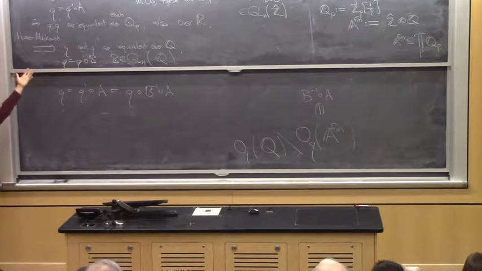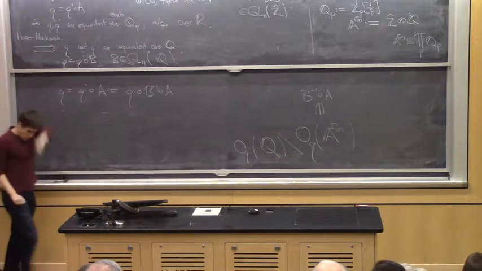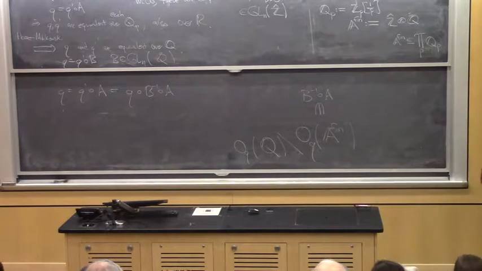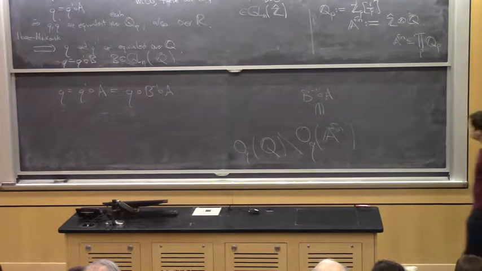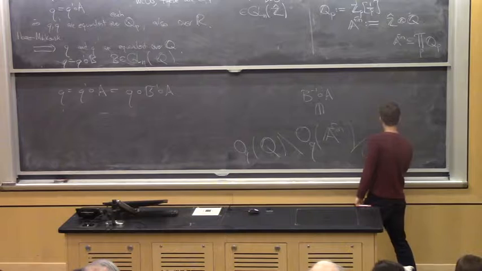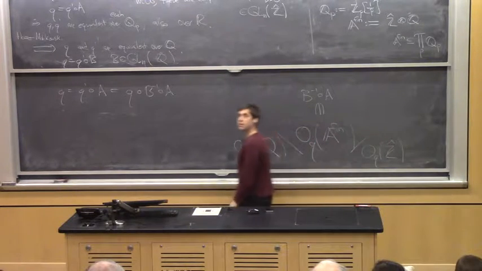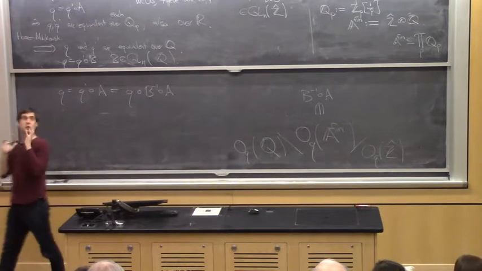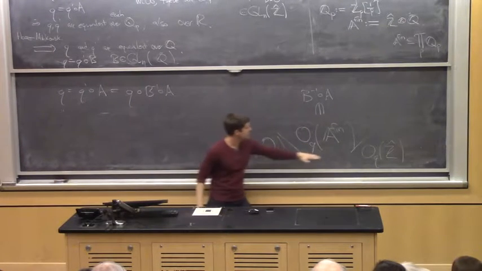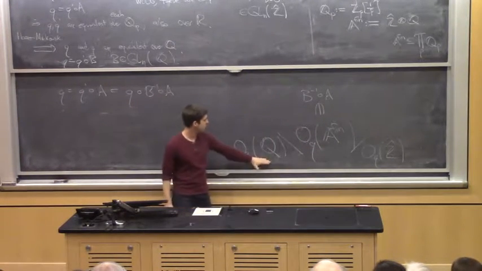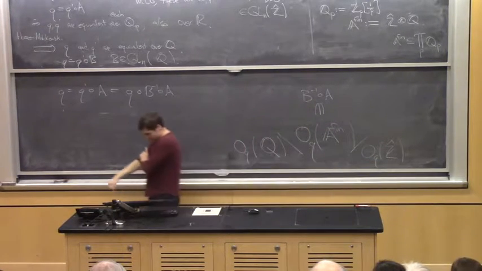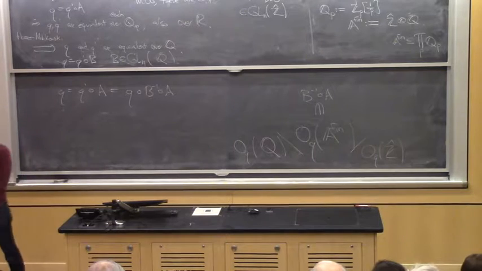Similarly, A was just chosen to be any matrix with coefficients in Z hat that converts Q prime into Q. And that's ambiguous up to right multiplication by elements in O_Q of Z hat. So this B inverse composed with A is well defined not as an element of this group, but as a double coset. It's well defined modulo left multiplication by elements of O_Q of the rationals and right multiplication by elements of O_Q of Z hat.